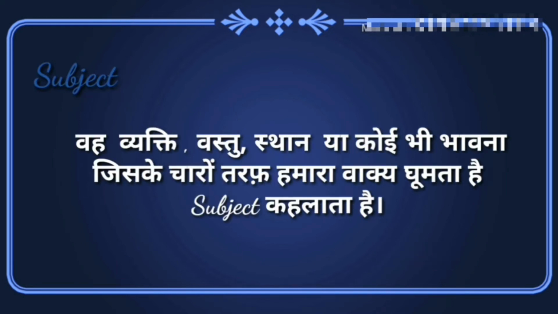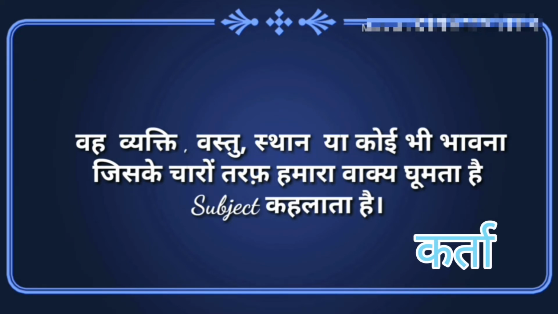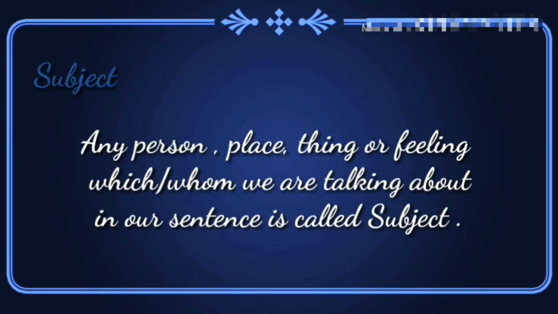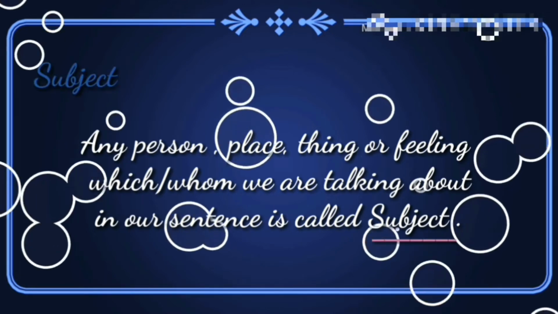तो इस प्रकार से हम कह सकते हैं कि वह व्यक्ति, वस्तु, स्थान या कोई भी भावना जिसके चारों तरफ हमारा वाक्य घूमता है सब्जेक्ट कहलाता है. In short, we can say any person, place, thing or feeling which or whom we are talking about is called subject.